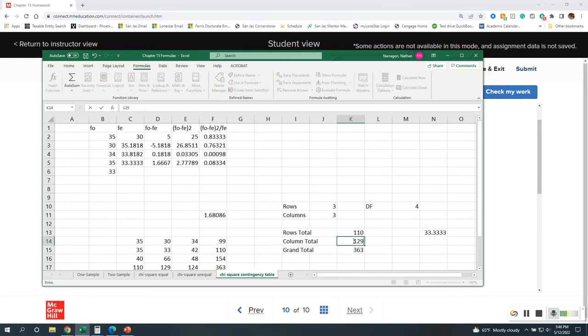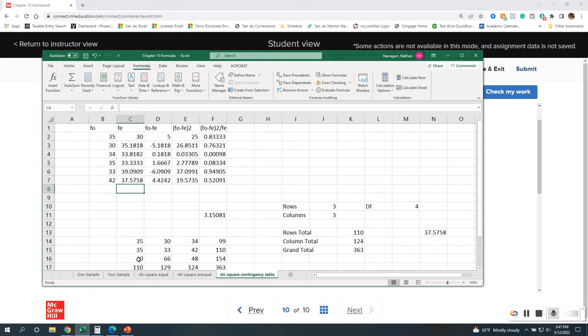Column total is 129. So this one is expected to be 39.0909. Alright, 42. Its column total was 124. So 37.5758.